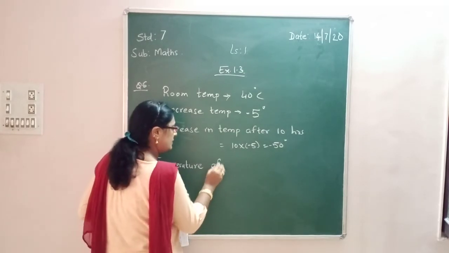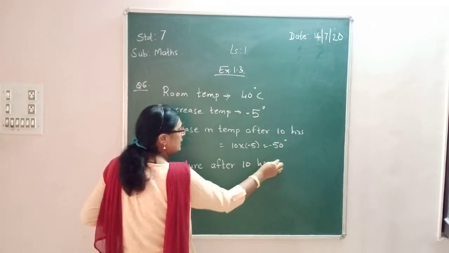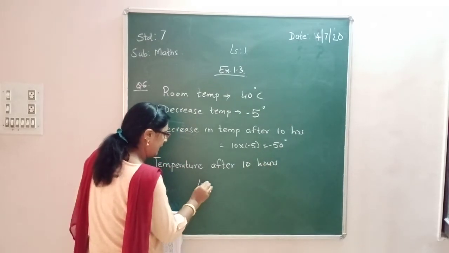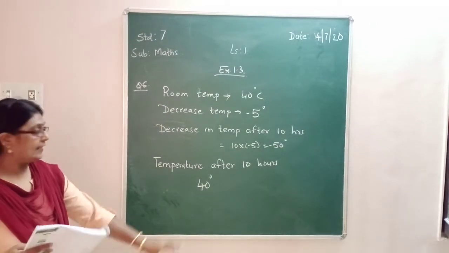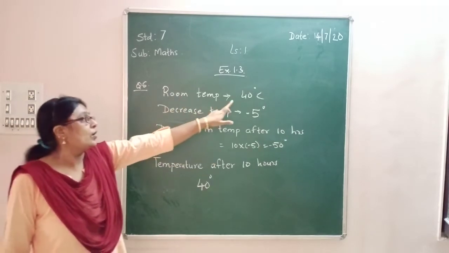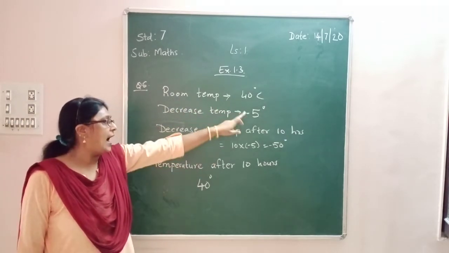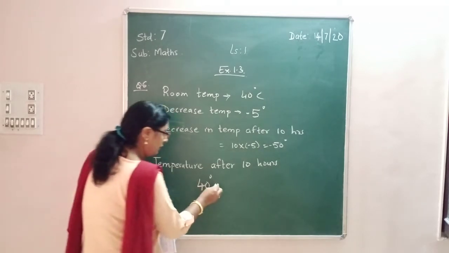Temperature after 10 hours means 40 degrees. Right? It is 40 degrees. And then what was the decrease? Original was 40 degrees. After 10 hours, there was decrease of -50 degrees.